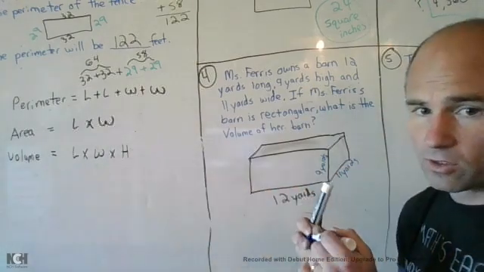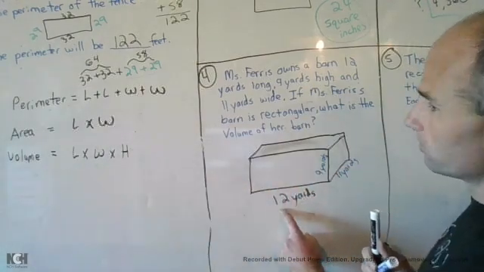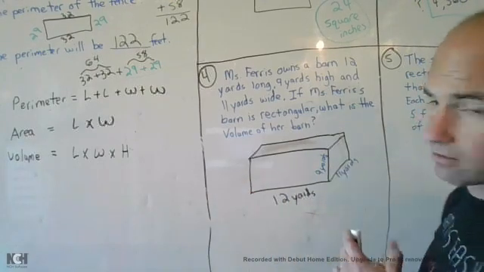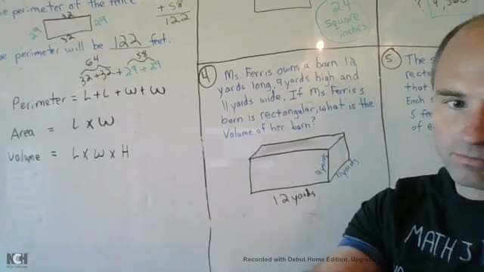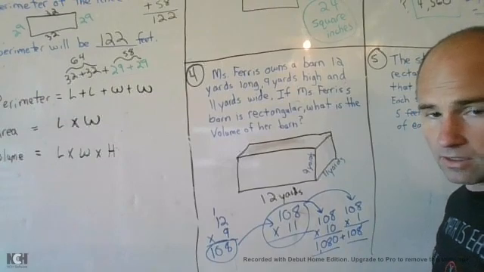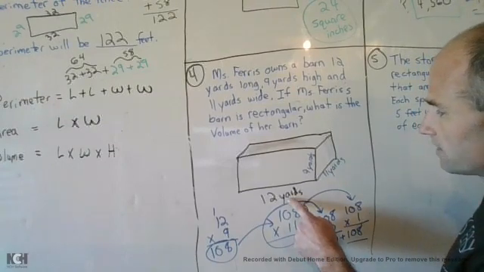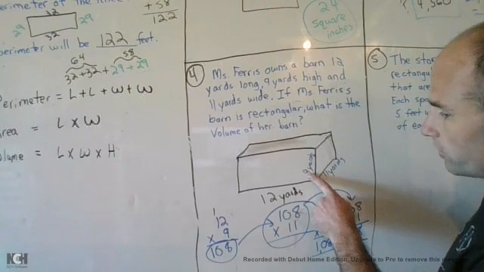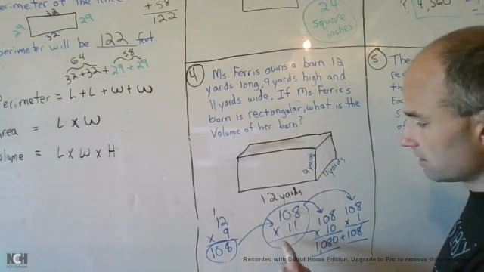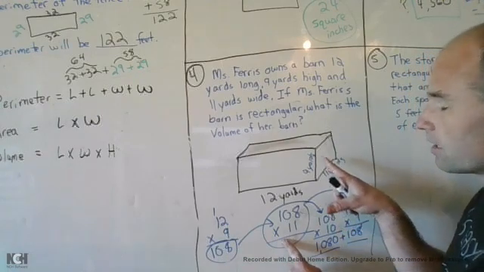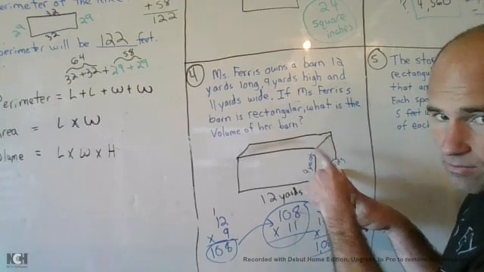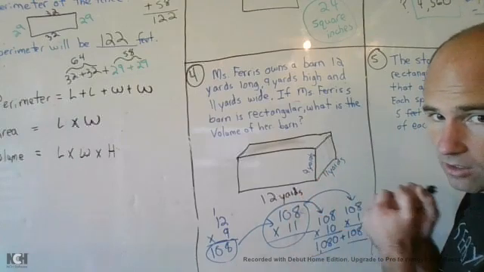With volume, I'm doing the length times the width times the height. Go ahead and do that now. Okay, so here we are. I have most of the problem done. So I've taken the 12, I times it by the 9, length times the height, got 108. Then I times it by the width, because it really doesn't matter which numbers I'm timesing first, second, third.